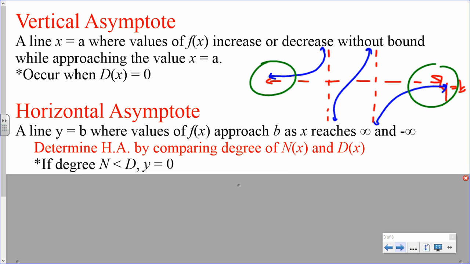The first rule, if the degree of the numerator is smaller than the degree of the denominator, then your horizontal asymptote is y equals 0.